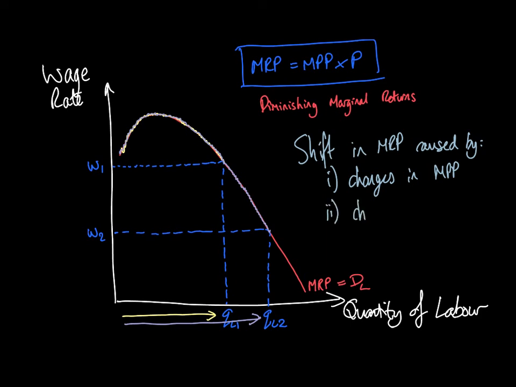Alternatively, it might be due to changes in the selling price of the product. In both of those cases, if they increase, then the MRP curve will shift to the right, because the firms are going to be willing to employ more workers at the same wage rate, because more workers will have a sufficiently high MRP to justify their employment.